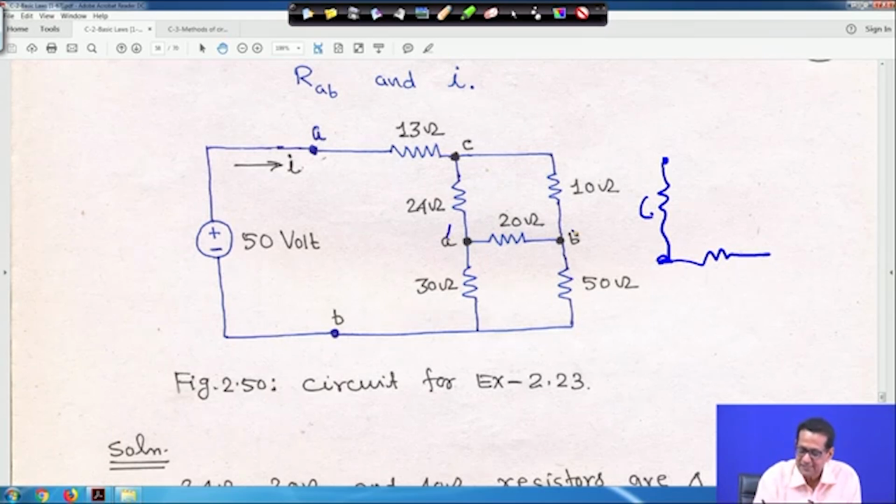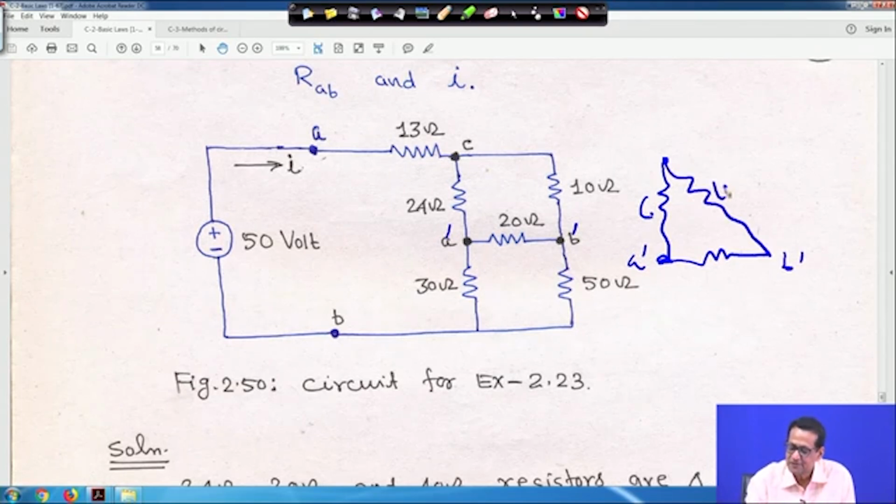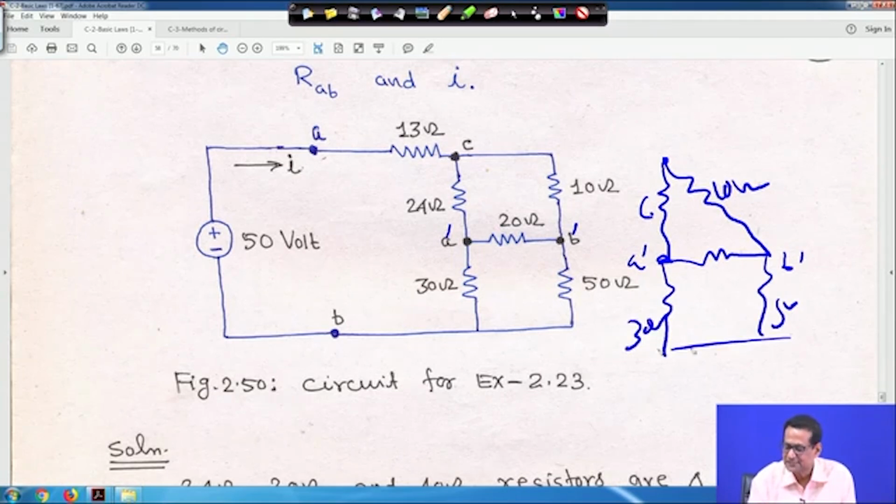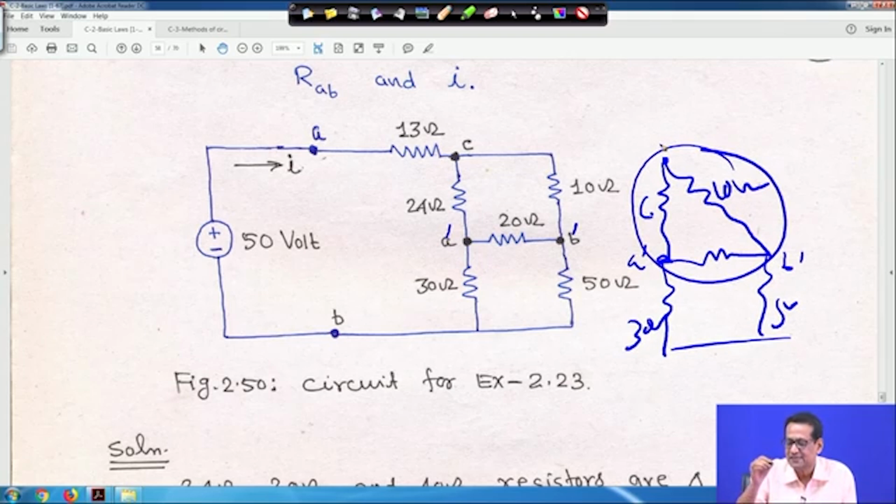I should have made it A dash, B dash, then there is no problem. Here it is A dash, here it is B dash, this is 10 ohm and this is 10 ohm, and here that 30 ohm is connected, and here some 50 ohm is connected. So, this is actually in delta.